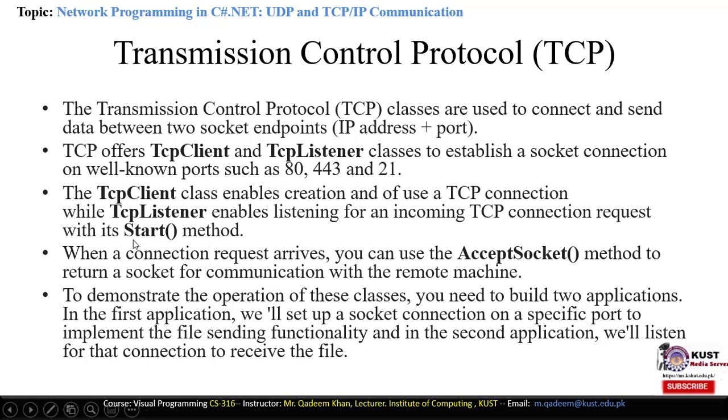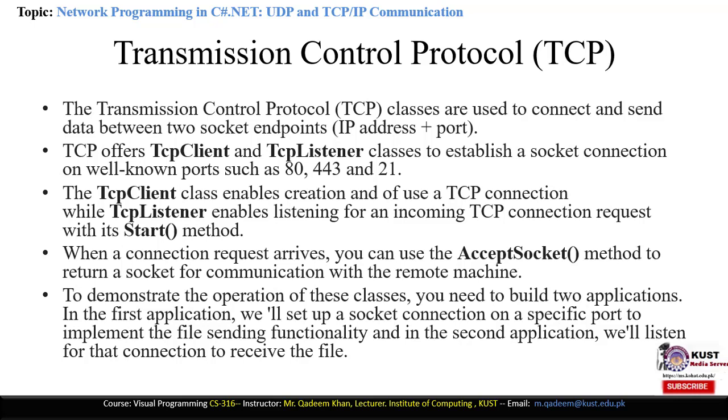Here the start request function will be required, and the start function will make the connection. Then accept sockets will be required on the receiver side. When the connection request arises at the receiver side, we will use the accept socket function to accept the communication with the remote machine.